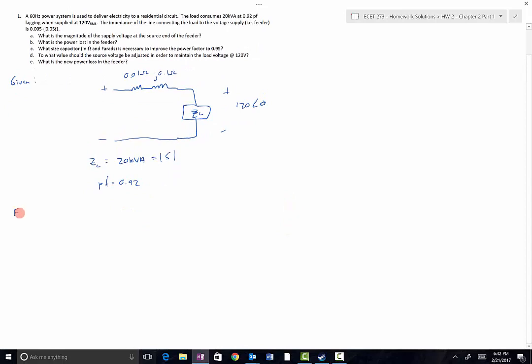We are asked to find a wide variety of things in this problem. What is Vs? What is the total power lost in the feeder? What is X and C for a power factor equals 0.95?